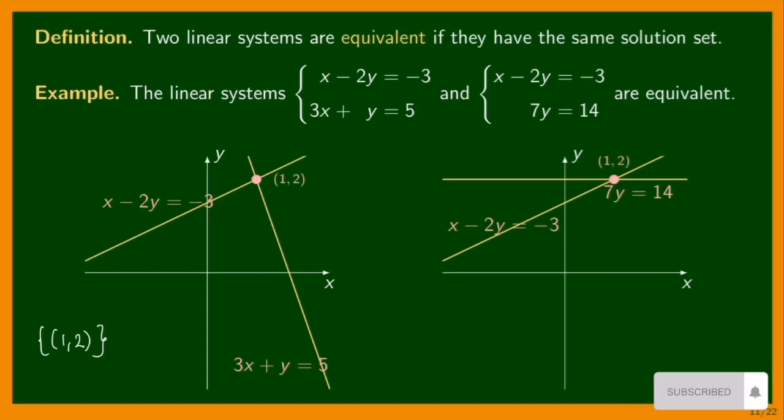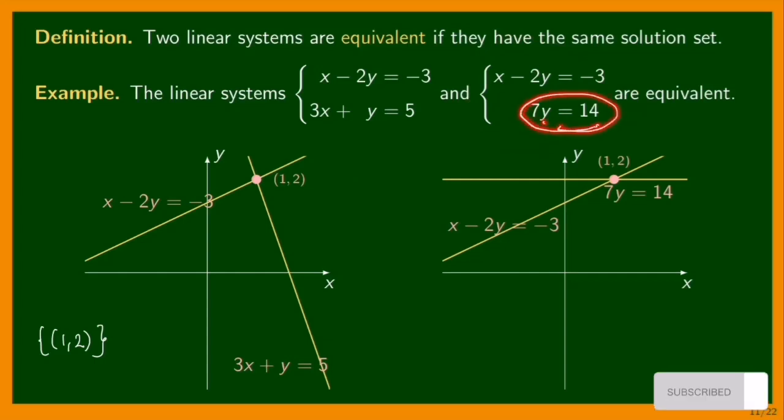But when you look at these systems, although they are equivalent, the second one is easier to solve. Why? Because the second equation tells us directly the value of y by simply dividing by 7 on both sides. In fact, y is 2.